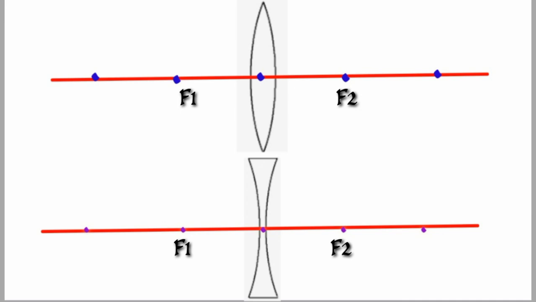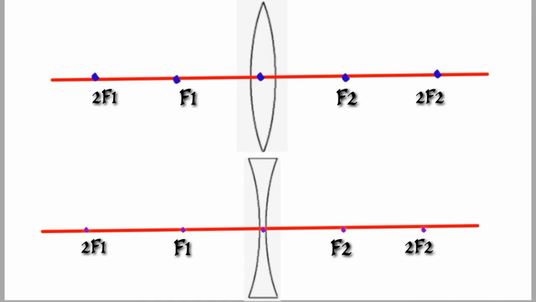Capital letters F1 and F2 are used as the representations for these principal foci. Also, you should keep in mind, we already mentioned the terms centers of curvature C1 and C2. While drawing the ray diagrams of the spherical lens, the C1 and C2 representations are not used. Instead, we use double the length of the focal length.